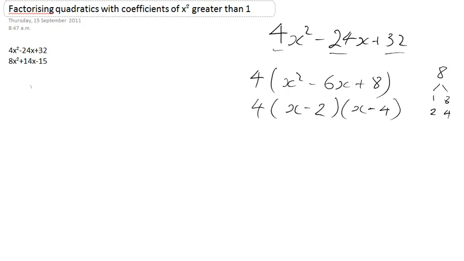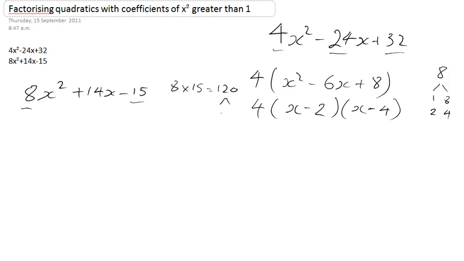My other technique is a little bit more complicated. What I need to do is take the first number and the last number and multiply them together.